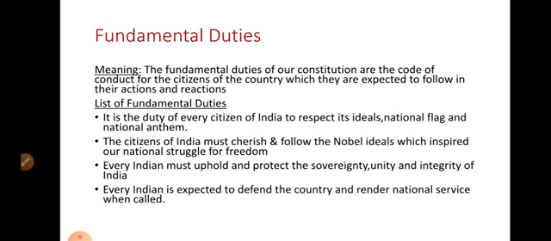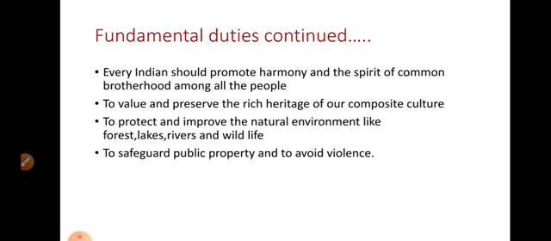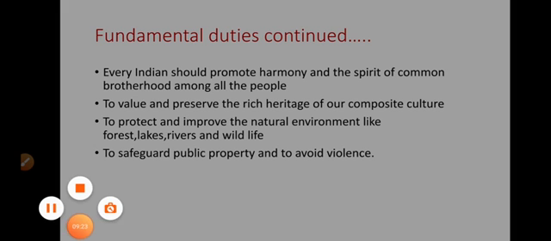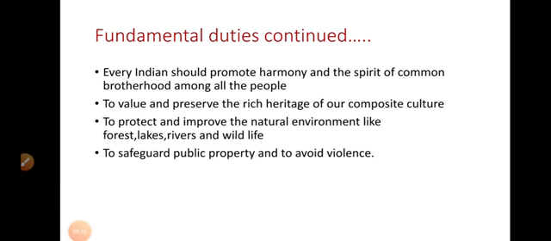So next, every Indian should promote harmony and the spirit of common brotherhood among all the people. We have to think that everybody living in our country is just like brothers and sisters. Harmony we have to maintain, the spirit we have to show. So this is our requirement.